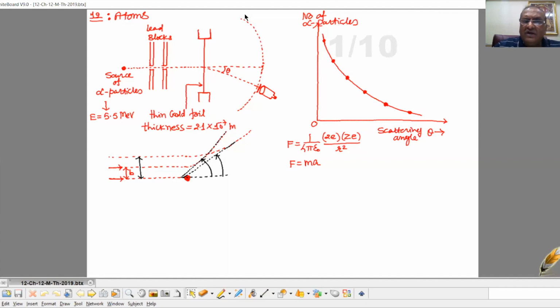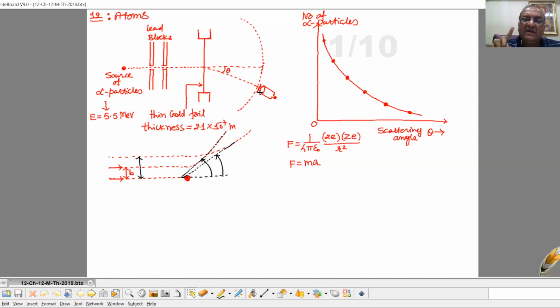Then there was a rotating detector, that is a microscope, with a zinc sulfide screen. That particular screen is a scintillating screen.